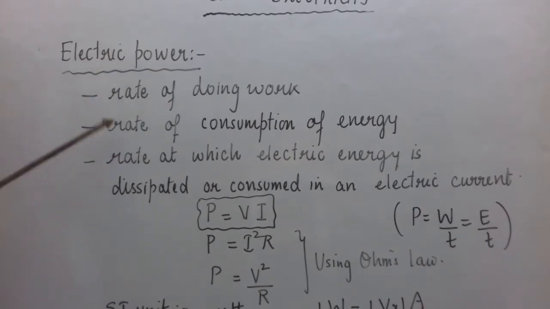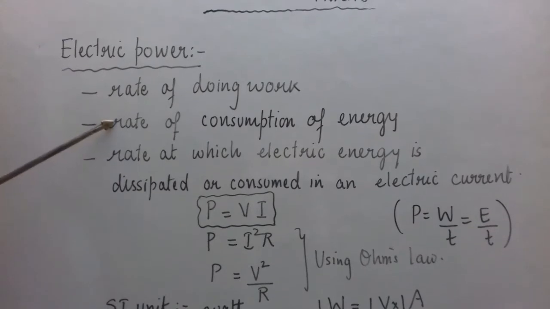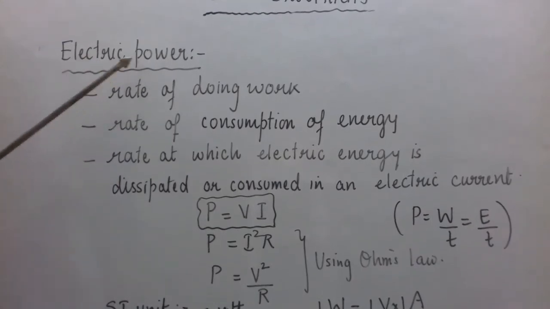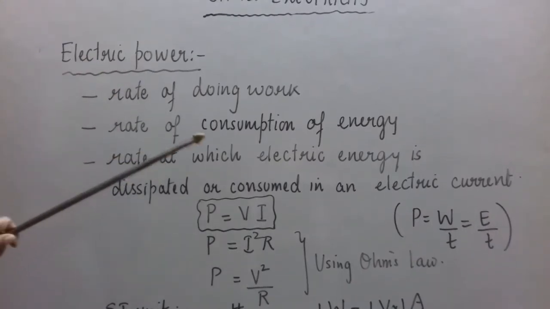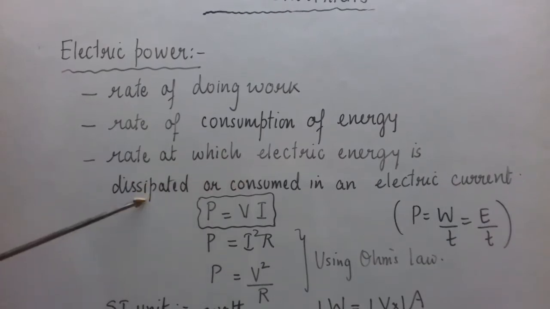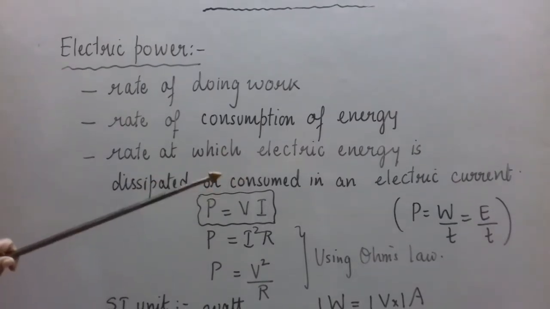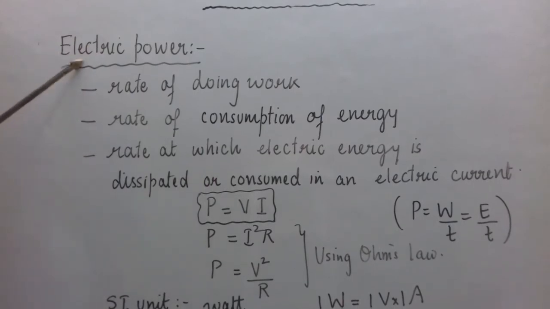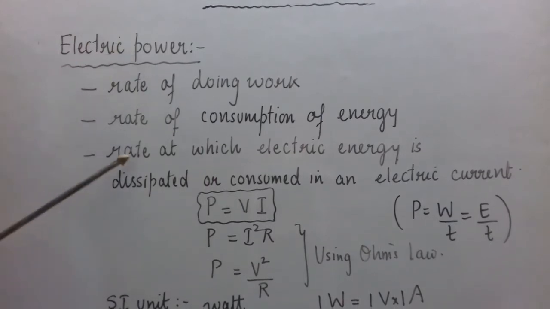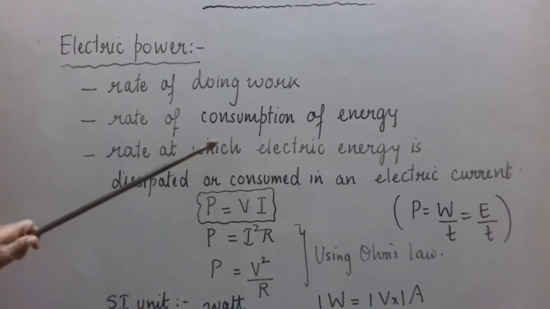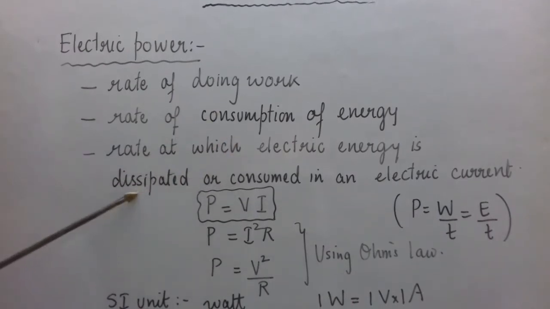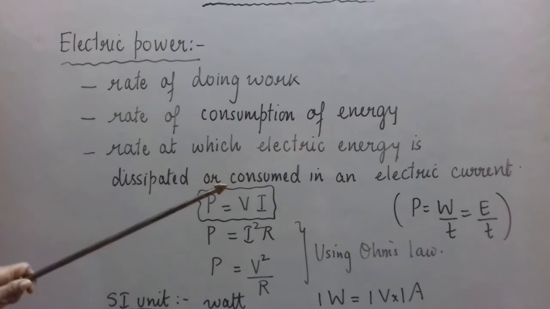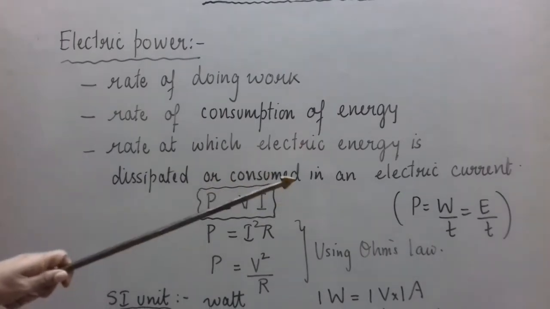Although if you write any of these two, it will be okay. Electric power is the rate at which electric energy is dissipated or consumed in an electric circuit. So please define electric power as a rate at which electric energy is dissipated or consumed in an electric circuit.